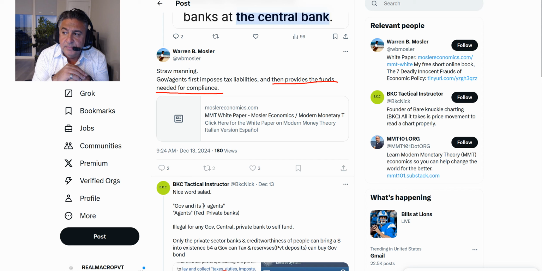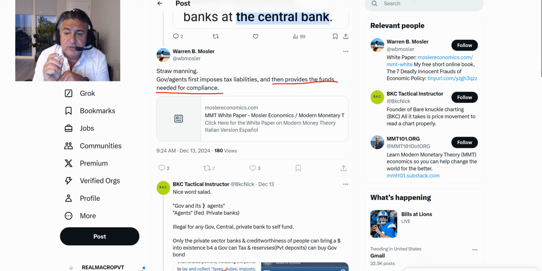I have no obligation to pay any tax to any private bank. I have no obligation to pay taxes to the Federal Reserve. I have an obligation, if I use dollars, to pay taxes to the government. This is true. So here's the catch. Okay? And then provides the funds needed for compliance.